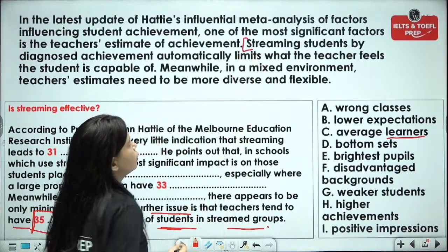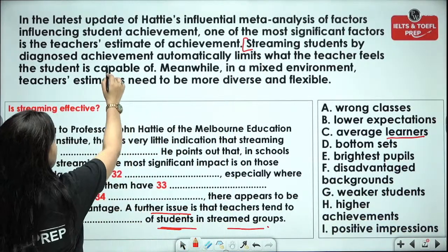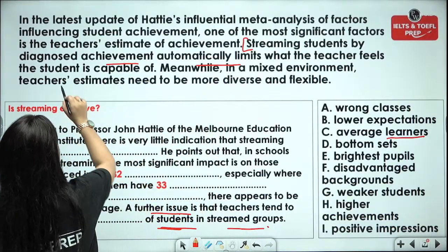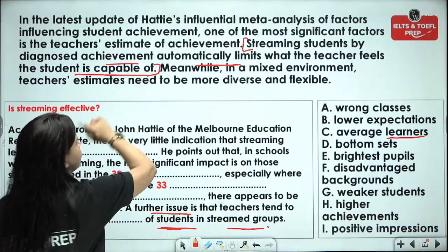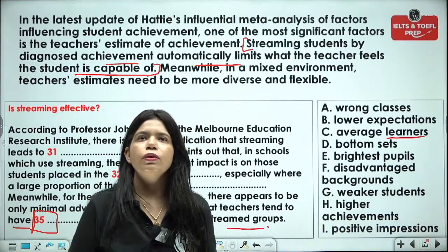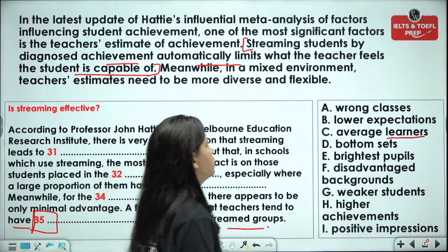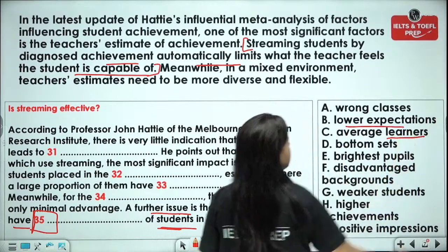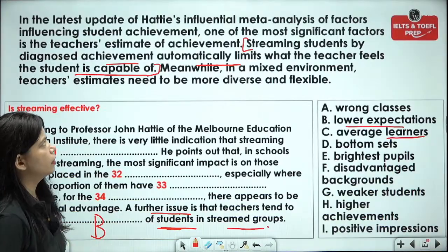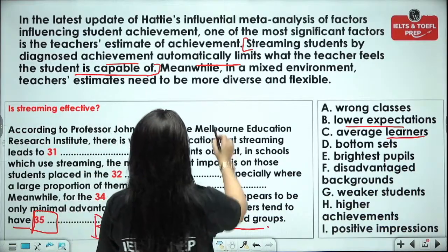So let's understand what can be the answer. The answer is in this sentence. It's written streaming students by diagnosed achievement automatically limits what the teacher feels the student is capable of. Now, can you understand what can be the answer? So, Harman says B, absolutely correct. So, the answer is B, lower expectations. From where this answer is coming, let's understand once more.